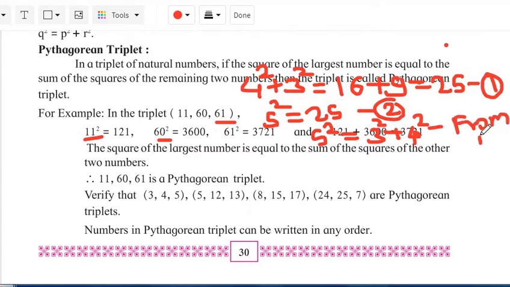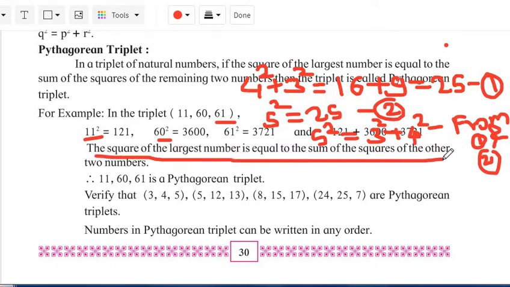Write in this way, from 1 and 2. Now write this statement: the square of the largest number is equal to the sum of the squares of the other two numbers, and therefore here we have to write 3, 4, 5 is a Pythagorean triplet.